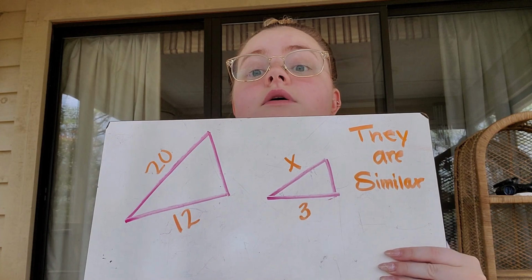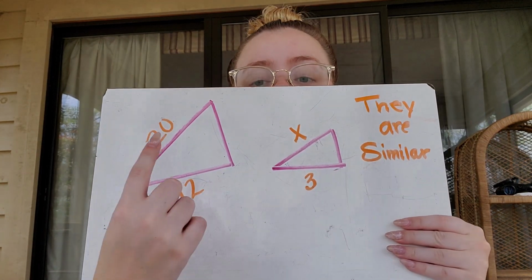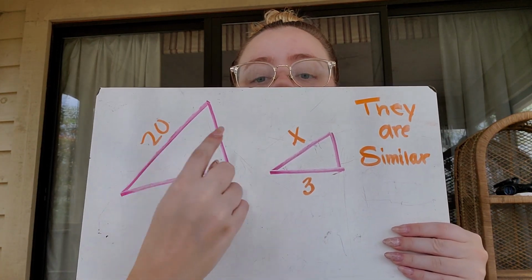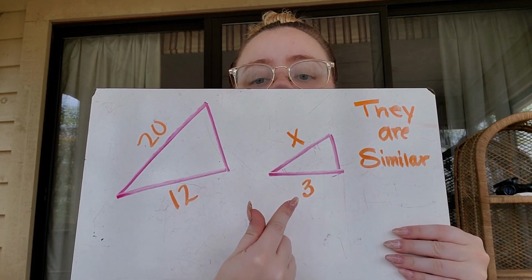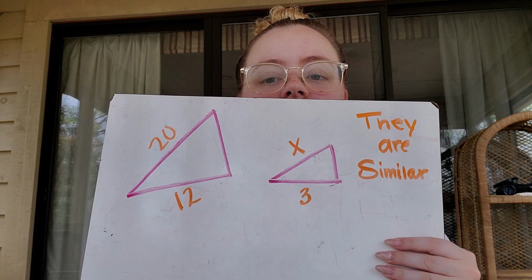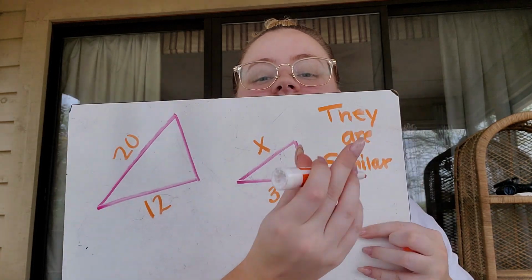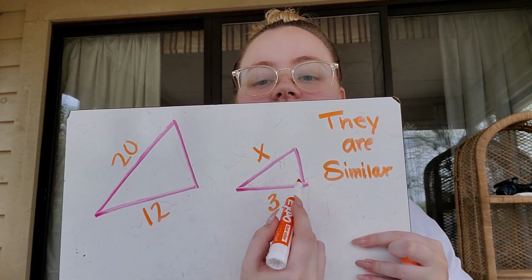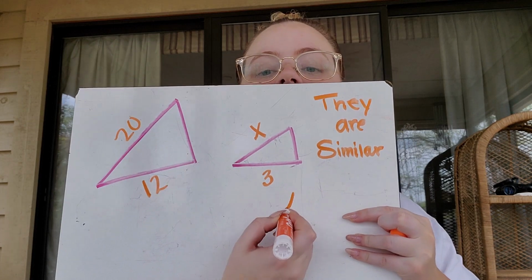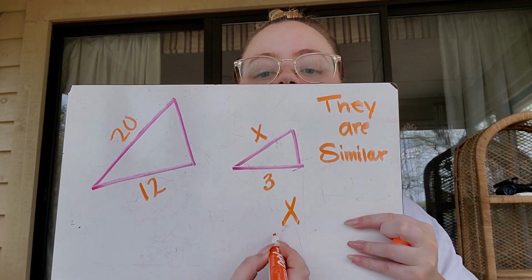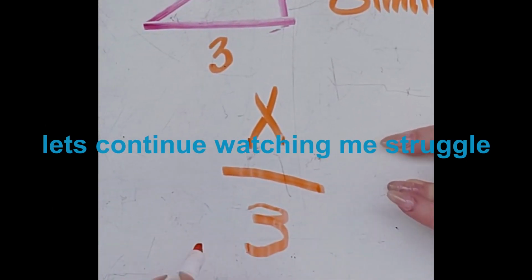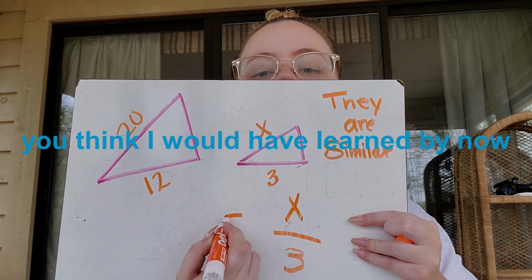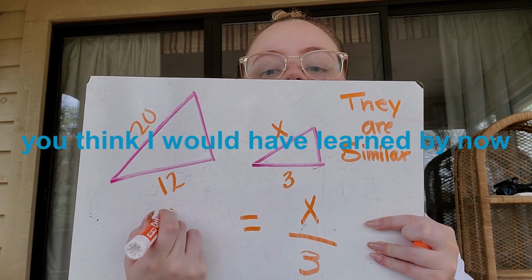To the best of my ability, because remember I am not an artist, I have the corresponding sides lined up with one another, okay? So, easiest way to do this, what you're going to do is your corresponding sides. Whatever is on top goes on top, and whatever is on the bottom, ooh, that's so rough. Oh, well, we're gonna roll with it.